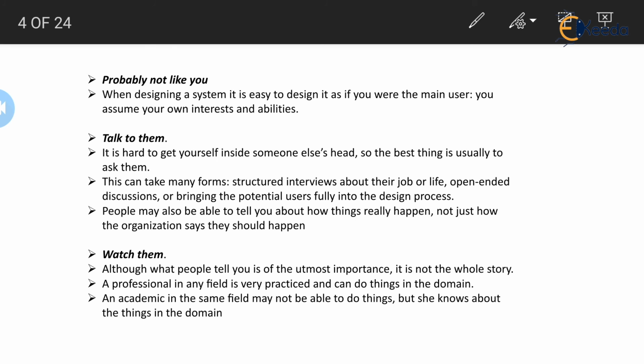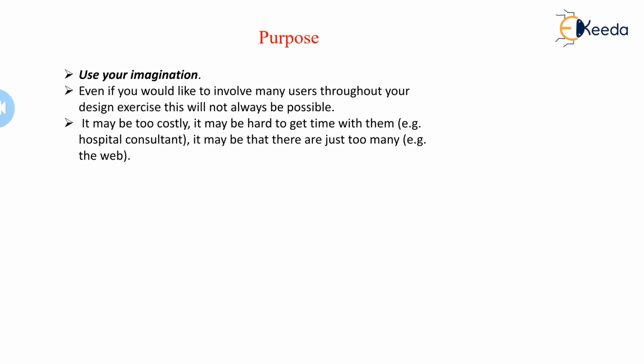Now next is use your imagination. Sometimes we need to use our imagination, because even if we would like to involve many users throughout our design exercise, this will not always be possible. It may be too costly, it may be hard to get time with them.